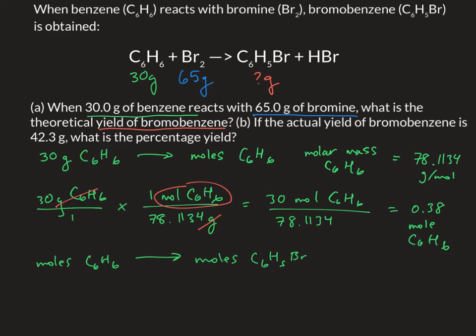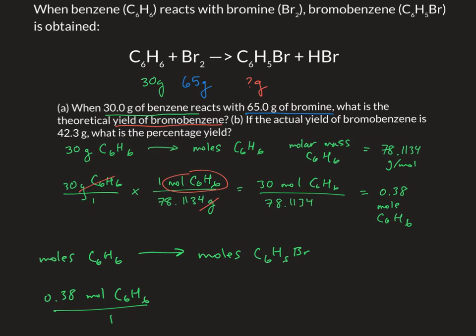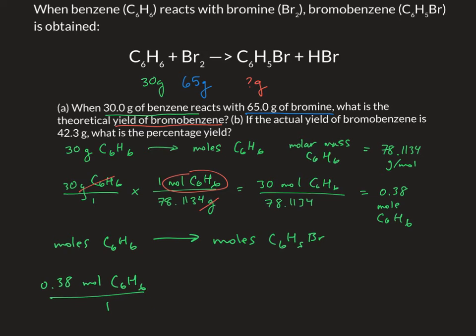What we know we have is 0.38 moles of benzene. One second, let me shrink this up a little bit, guys. I just need to make a little more space for myself.